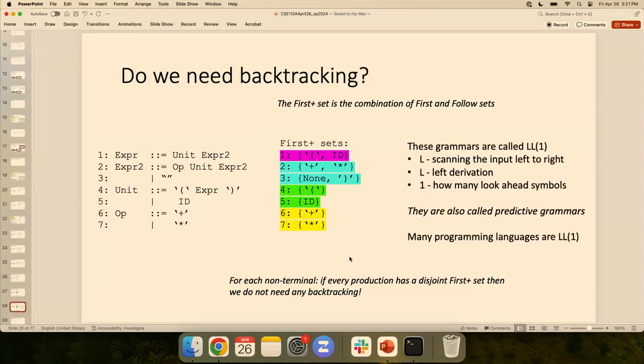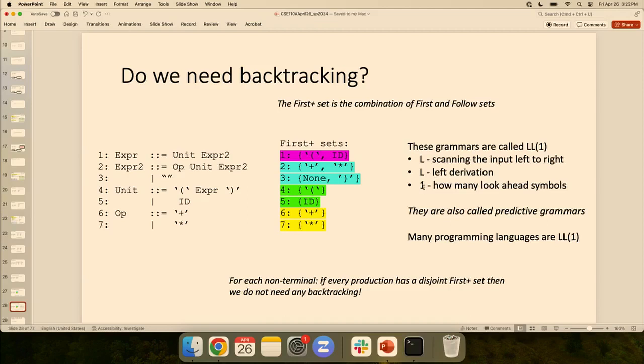Okay, so these grammars are called LL1. There's a whole branch of research that has classified grammars into all of these different categories. The first L means that we scan the input from left to right. The second L means that we do a left derivation. And the 1 means how many look-ahead symbols we need.